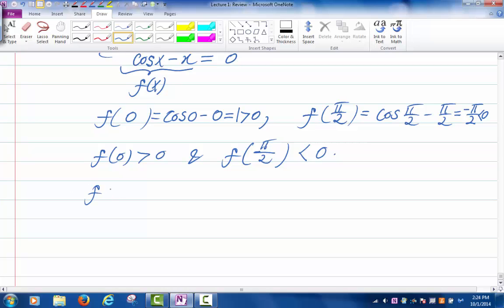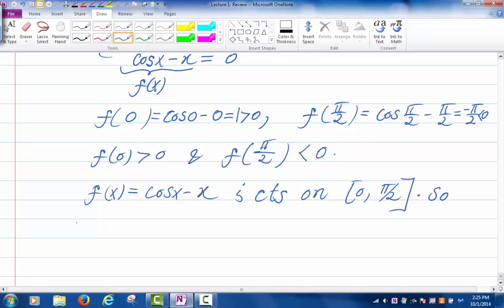Now, remember, f of x is cosine x minus x. It is clearly continuous on 0 to pi over 2. In fact, it's continuous everywhere, like we said. But in particular, it's continuous there.